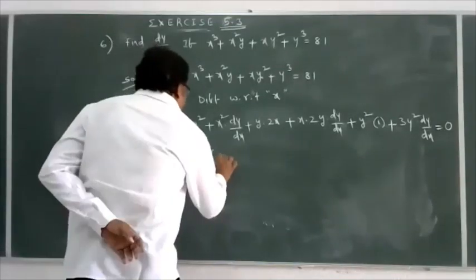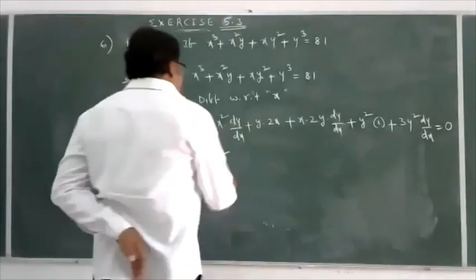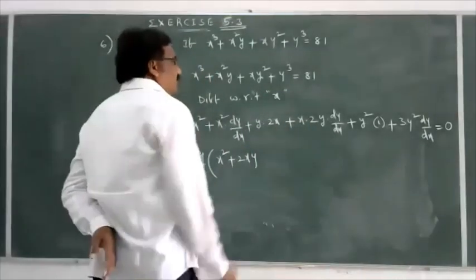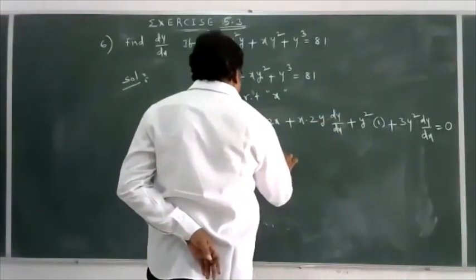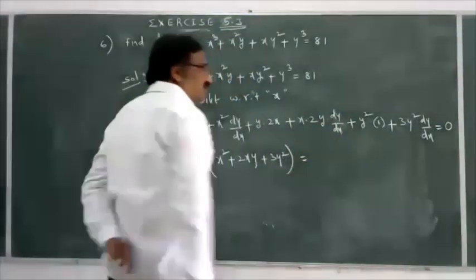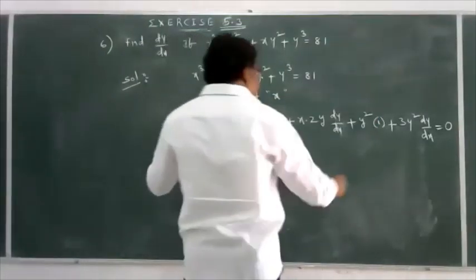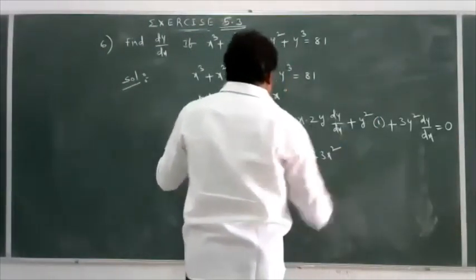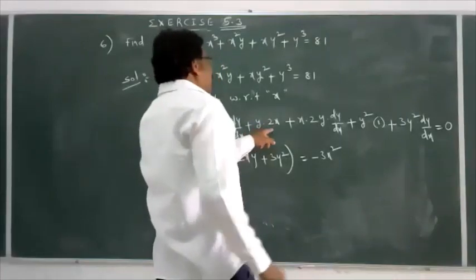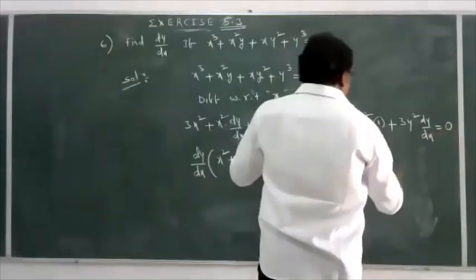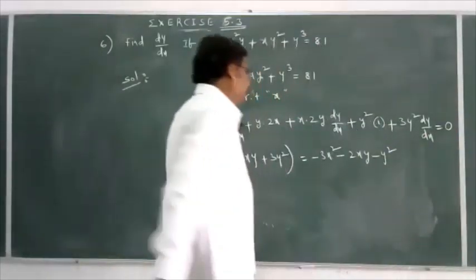In the bracket you get x square plus 2xy plus 3y square is equal to, you bring the remaining terms to the RH side, that is 3x square, minus 3x square, minus 2xy, minus y square.